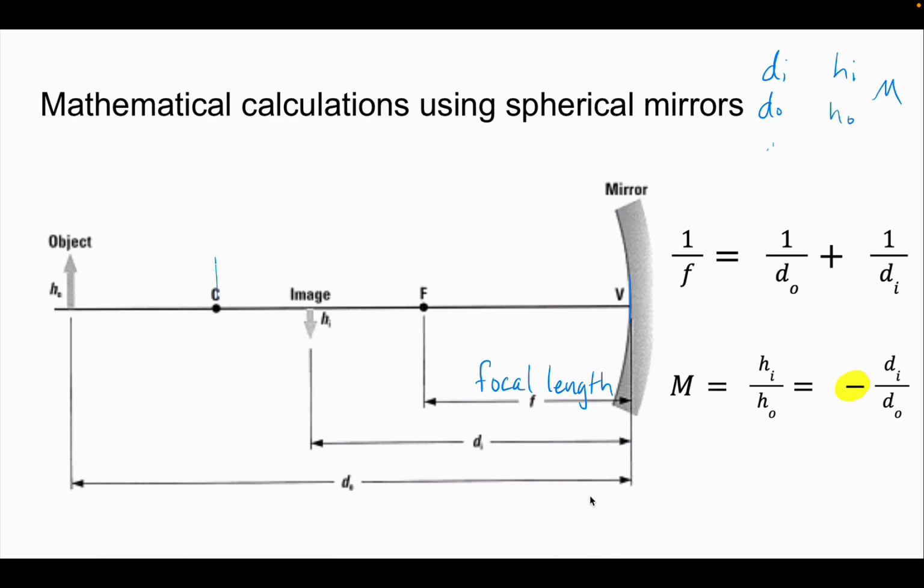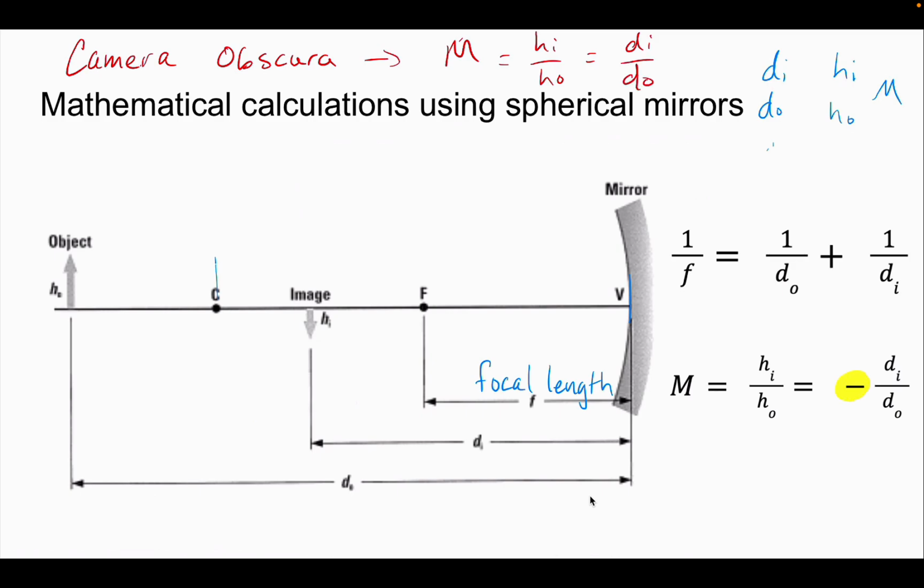But the rule is this, and it's fairly simple. When you are doing camera obscura, pinhole camera, you are going to use M is equal to HI over HO, which is equal to DI over DO.